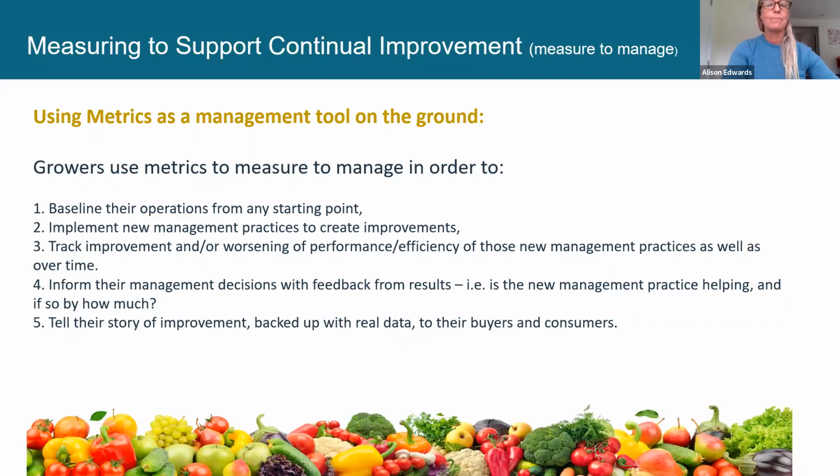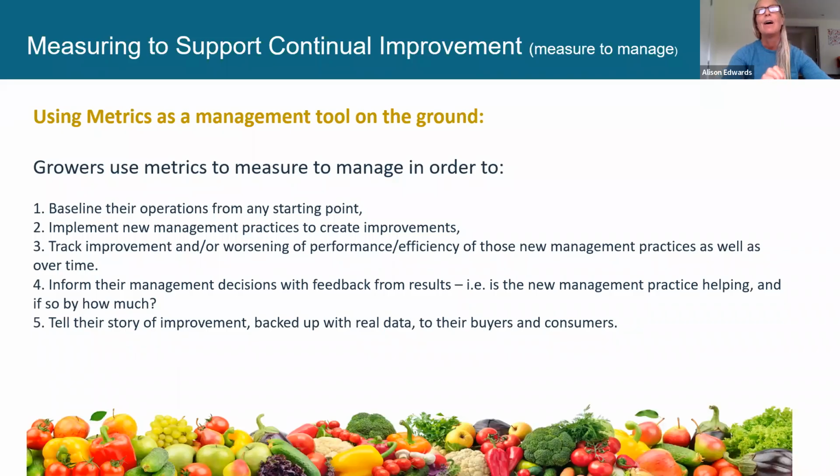So it's just important to note that growers can use SISC metrics, any of the SISC metrics, to baseline their operation and understand where they're starting from. And then as they implement new management practices and create improvements, they can track those improvements over time and see if they're improving. That helps inform their management decisions and shows whether they're actually helping or not.